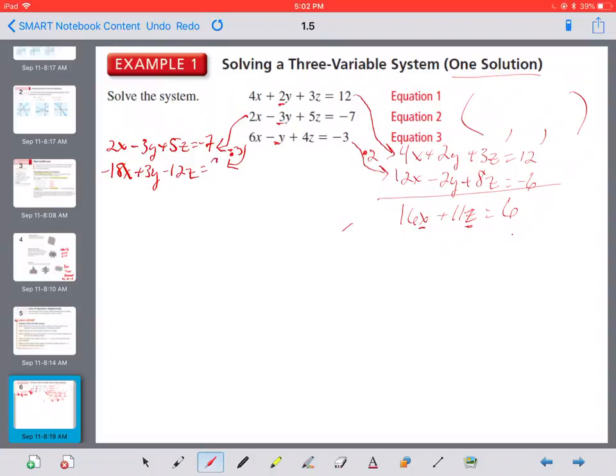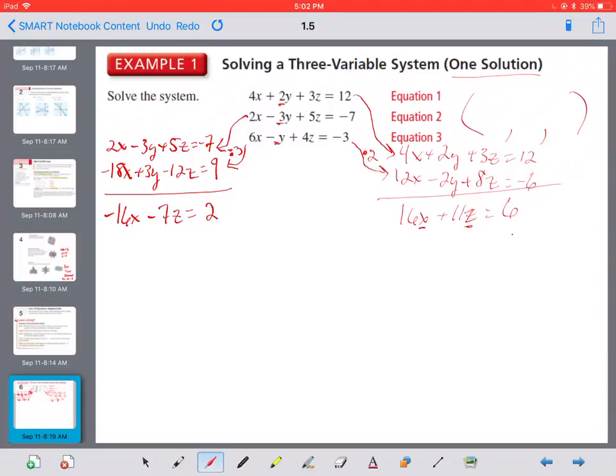Negative 3 times negative 3 is 9, and I add those together. 2x and negative 18x, negative 16x. Negative 3y and 3y turns into 0. There's my elimination. That's what I'm looking for. 5z and negative 12z, negative 7z. Negative 7 and 9 is 2.